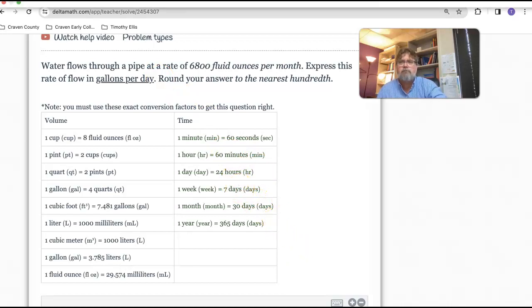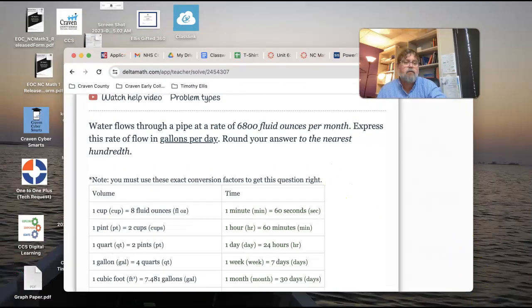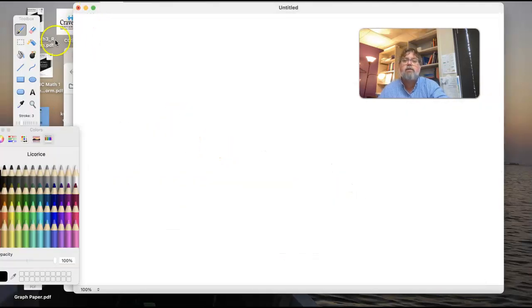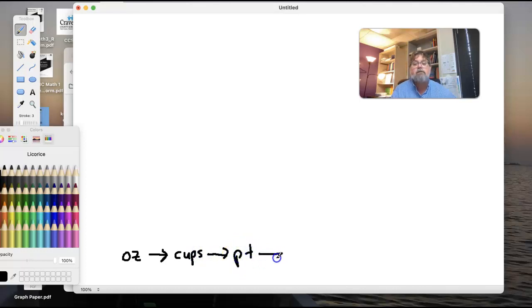So let's sketch out a loose plan at the bottom of the paper. I want to go from ounces to cups, and then that's going to take me to pints, and that's going to take me to quarts, and finally that'll get me to gallons.